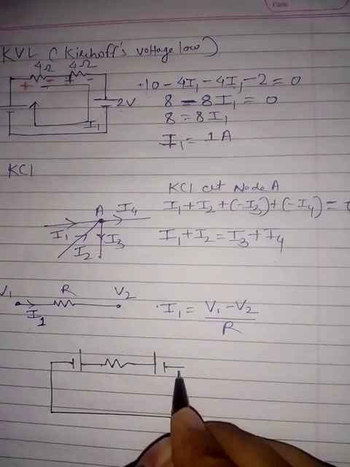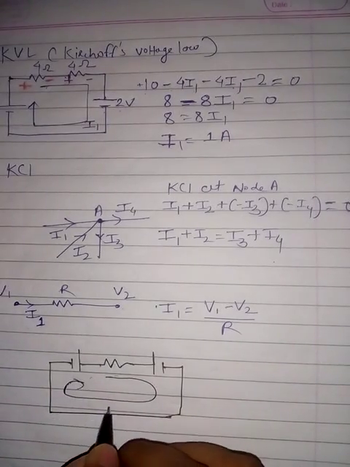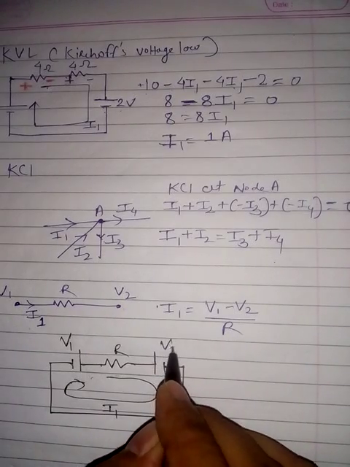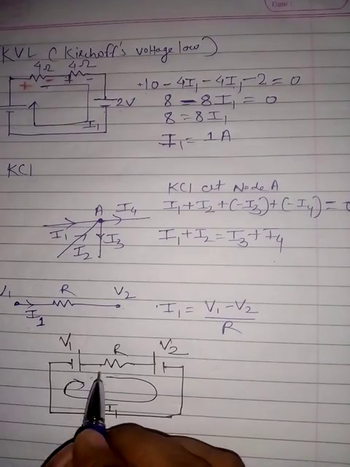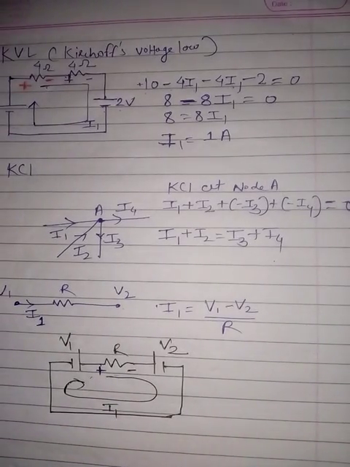I close this and this is my I1, this is R, this is V1, this is V2. Now because of this I1, the polarities across this is plus minus.